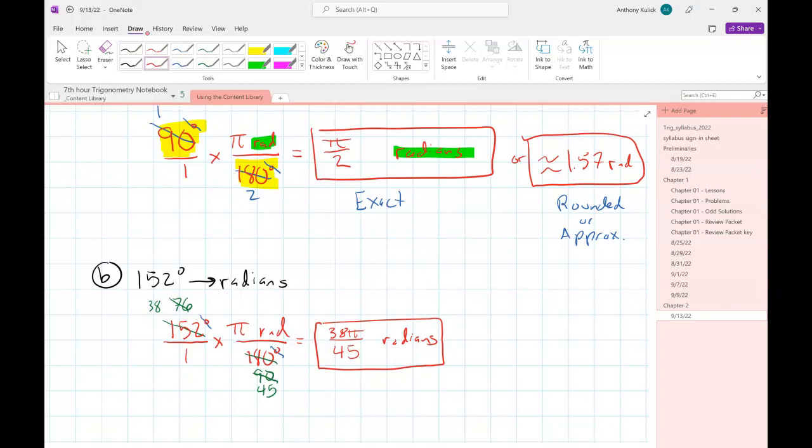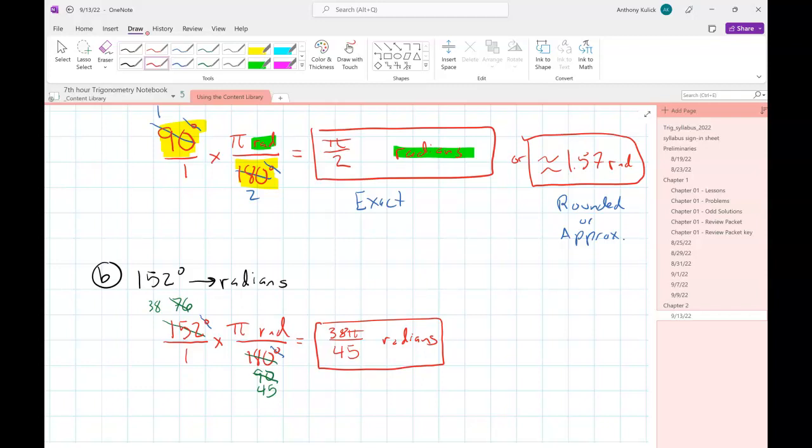The only divisors of 45 are 5 and 3. It's easy to tell that 38 isn't divisible by 5 because it doesn't end in 5 or 0. And it's easy to tell 38 isn't divisible by 3 because the sum of its digits, 3 plus 8, is not divisible by 3.